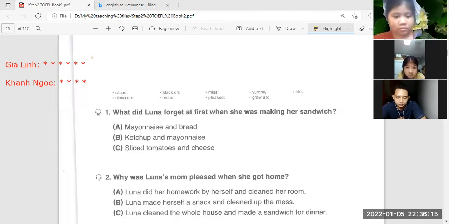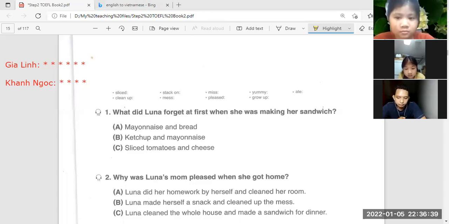When the sandwich was almost ready, she felt something was wrong with it. Wait a minute, she thought. Something's missing here. Luna thought carefully. I know what I am missing. I need some mayonnaise and ketchup. She ran and got a jar of mayonnaise and a bottle of ketchup from the refrigerator.